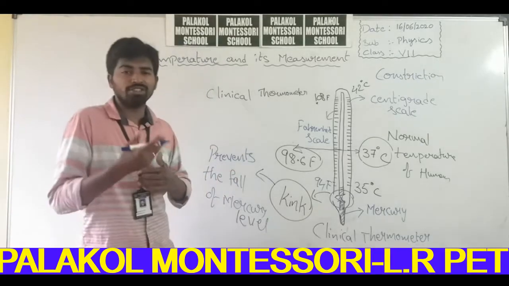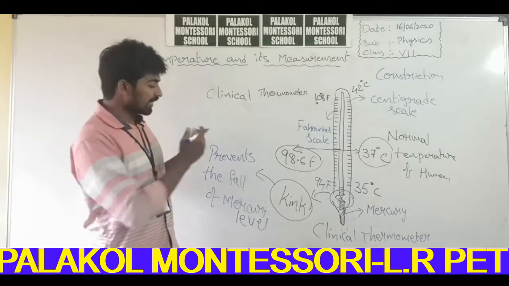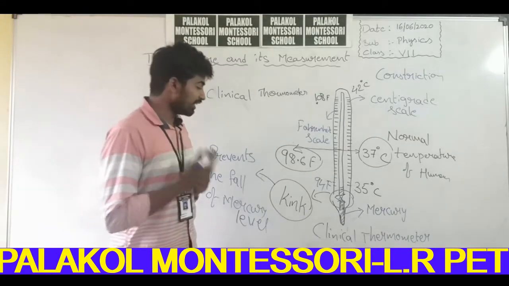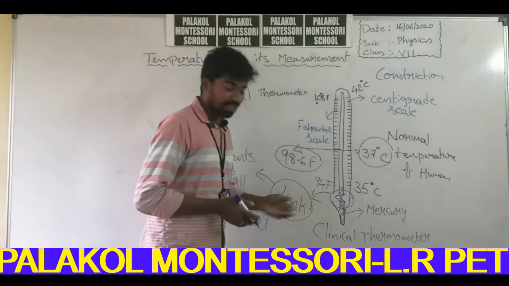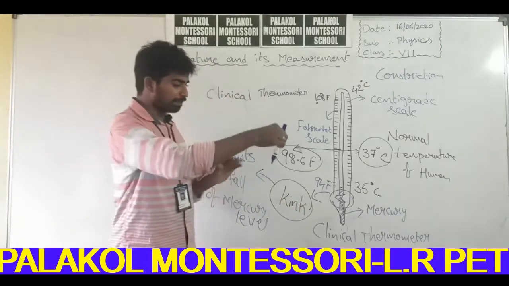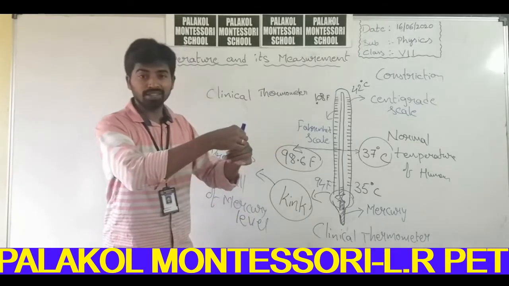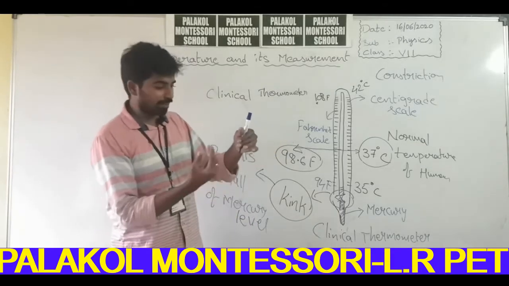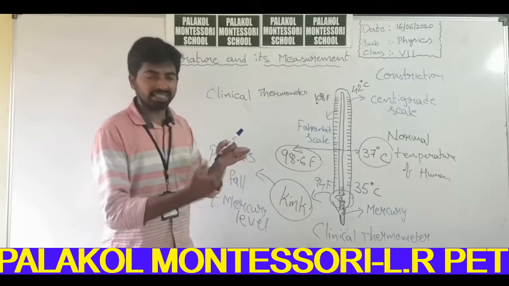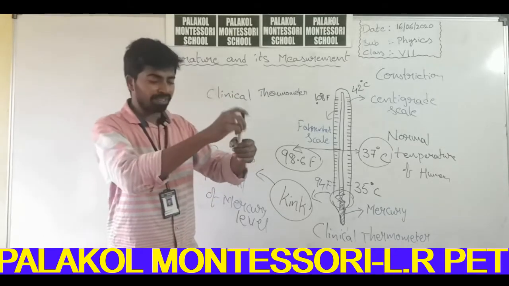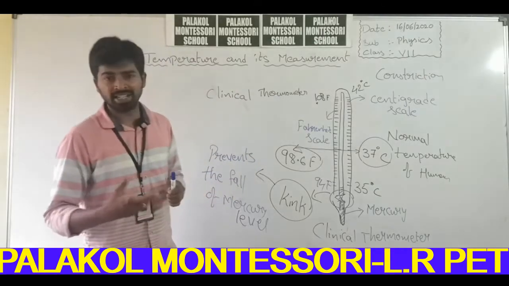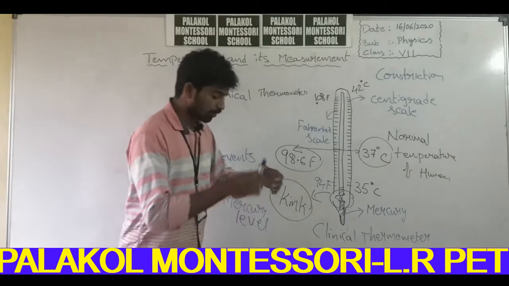Let me ask you a question. Whenever you have visited a hospital, how is the clinical thermometer used to measure the temperature? What will they do? Actually, the thermometer is dipped into a particular solution, an antibiotic solution, to keep it clean and hygienic. It may be a formaldehyde-like solution.